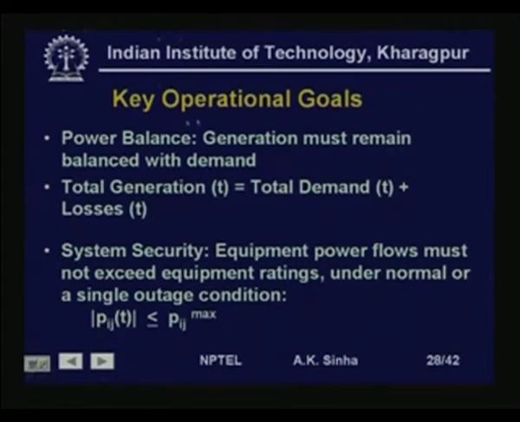So, one of the key operational goals, as we said, is power balance, because generation must balance with the demand. That is, when I switch on, the generation must go up, but how does a generator see that you have switched on your device? It does not know. So, this kind of indication comes to it by means of a drop in frequency.